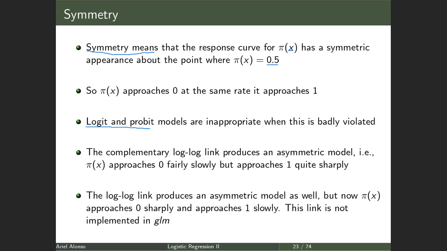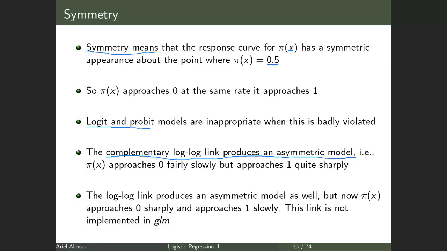Now, for instance, the complementary log-log, this one that uses the Gumbel distribution for the latent process, produces an asymmetric model. Now you will not go to 1 and 0 at the same rate. Actually, you will approach 0 fairly slowly, and you will approach 1 sharply. So the complementary log-log will be good to describe a process where, when you decrease the dose, the probability of getting sick goes to 0, but smoothly, quite softly.